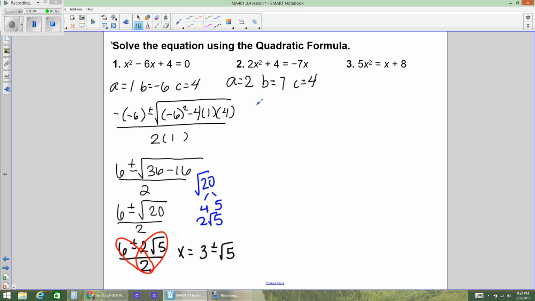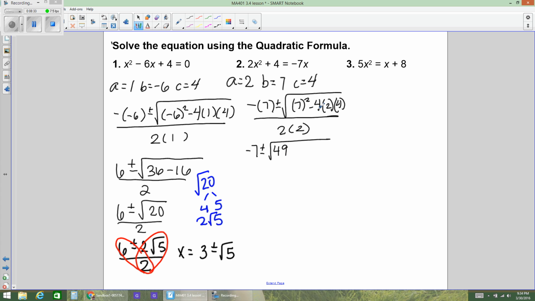So x is equal to the opposite of b plus or minus the square root of b squared minus 4ac all over 2a. So negative 7 plus or minus the square root of 49. Now look at your symbols.